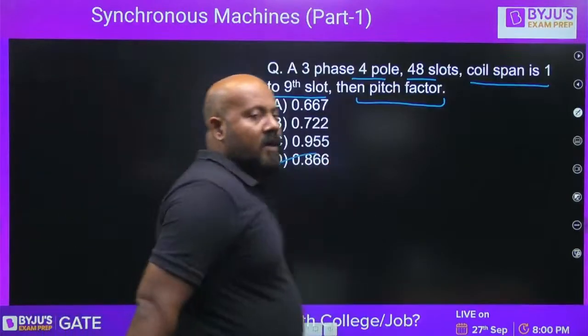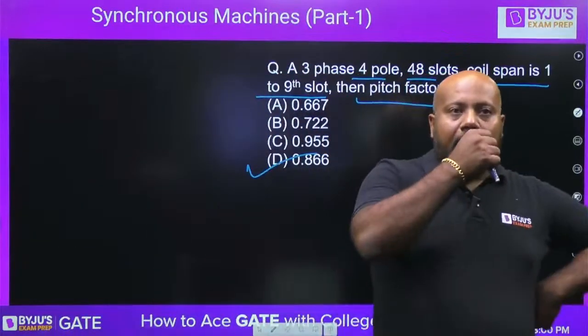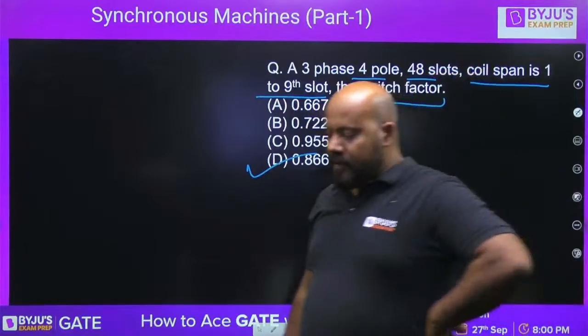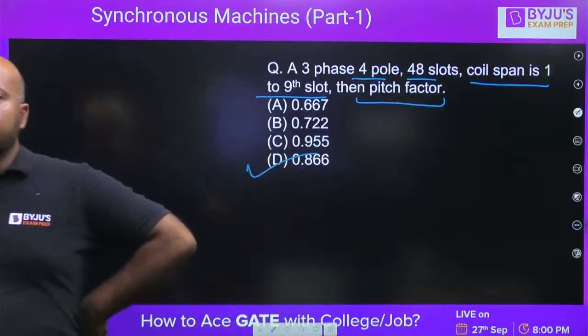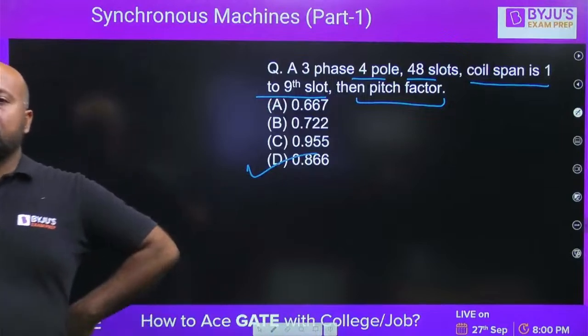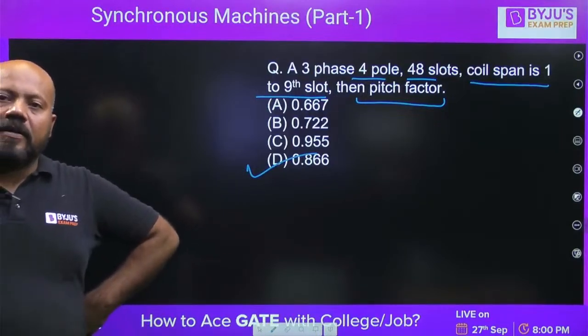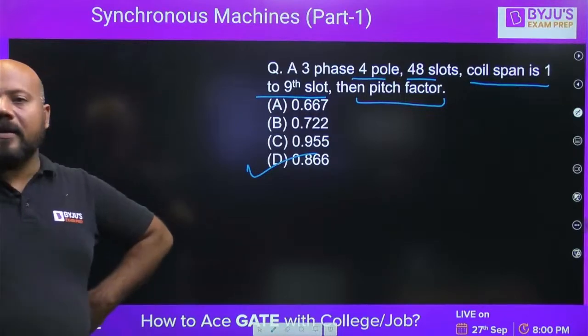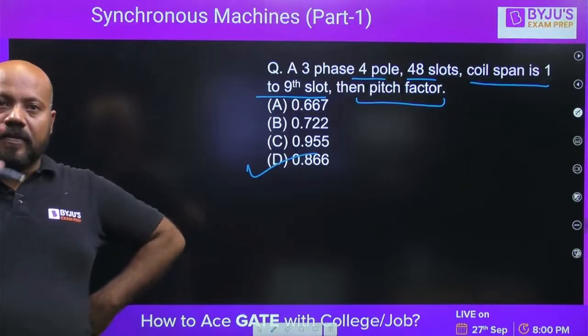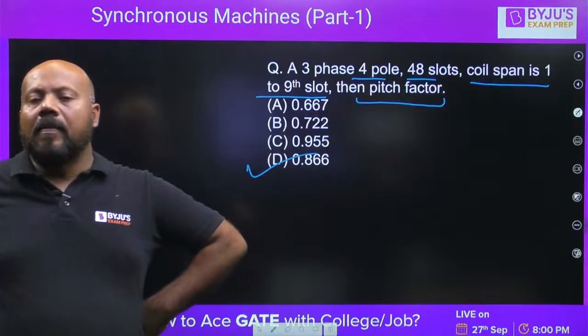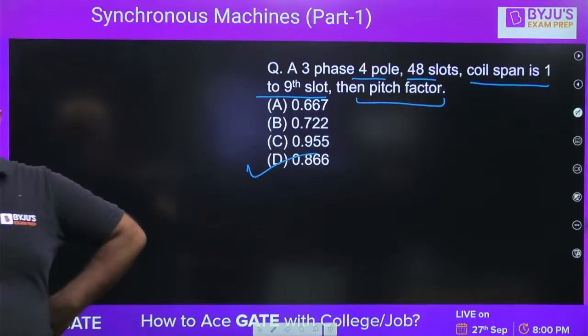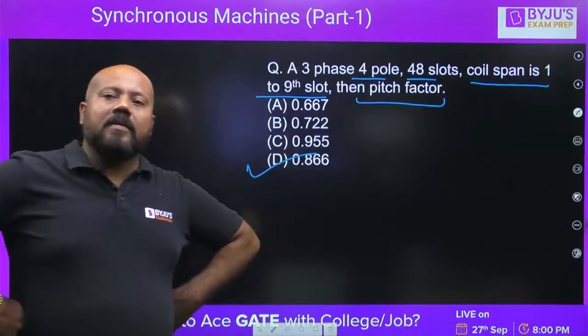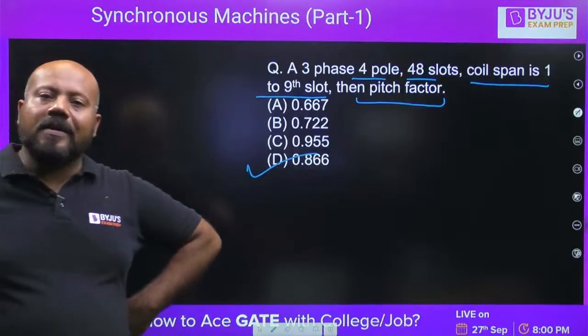Everyone, just tell me in the comment section, are you able to follow this? Mr. Murli, are you getting this? Why are you writing 3? This is 8, na? See, for slots 1 to 9, there cannot be 9 slots.